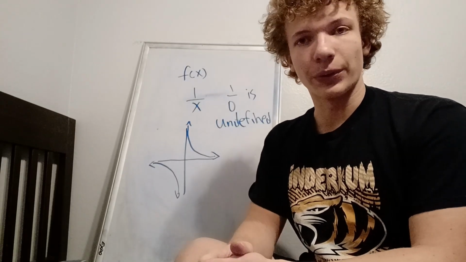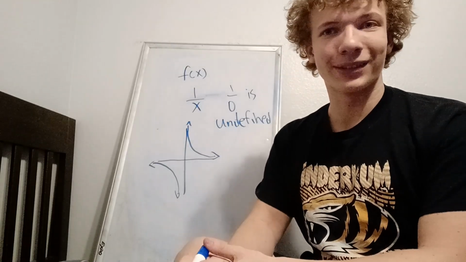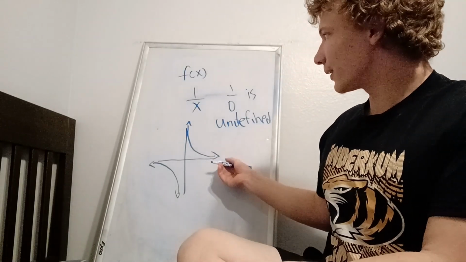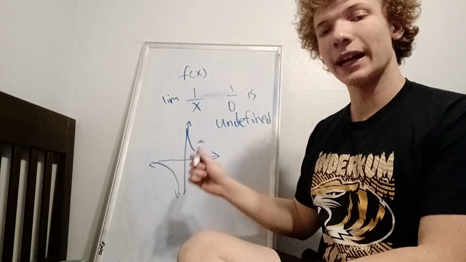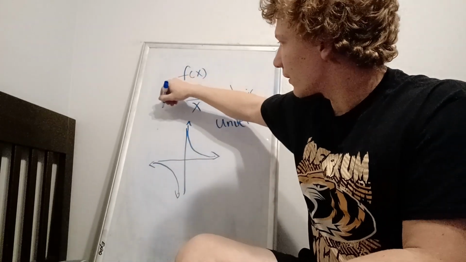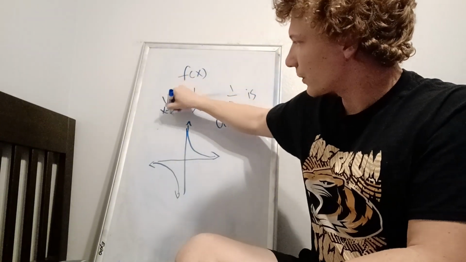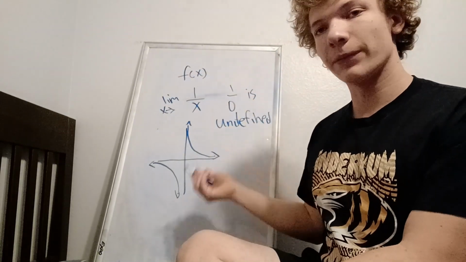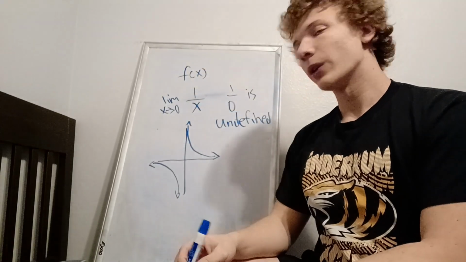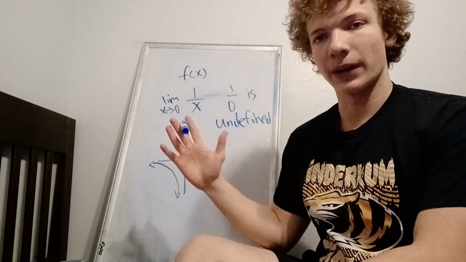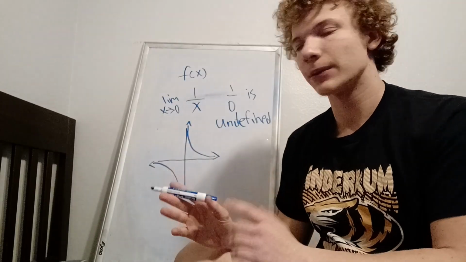This brings us to our major idea and what I'm actually here to talk to you about. This is the idea of a limit. If we take the limit, we write lim, as our variable x approaches, that's just this arrow, some value. In this case, we're talking about 0. Well, we have to consider it both from the positive direction and from the negative direction.